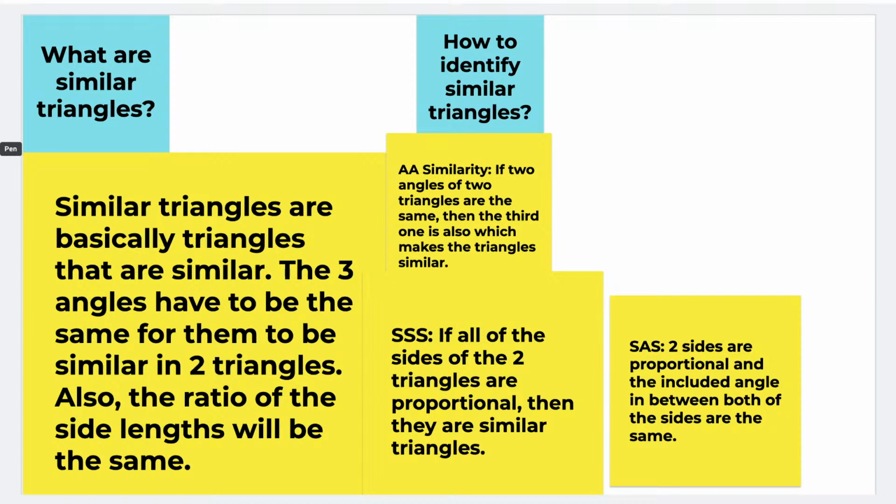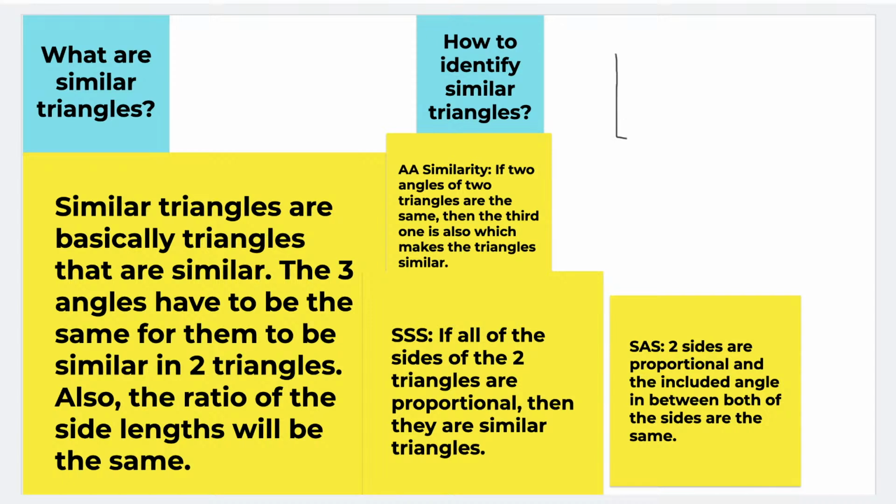So you might be wondering how to identify similar triangles. Well, there are three main ways. The most common one is AA similarity, which stands for angle-angle similarity. I'm going to draw it out and show you what I mean.